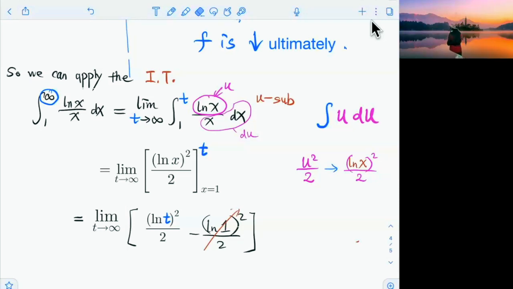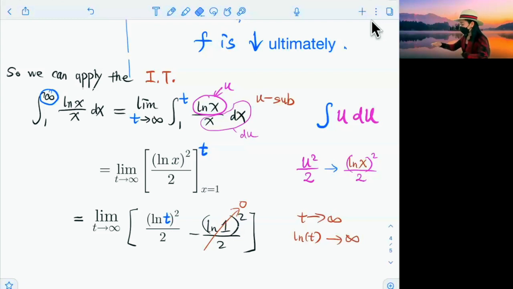What's ln of 1? ln of 1 is equal to 0. When t goes to infinity, what happens to ln of t? It goes to infinity, right? Remember the graph for ln? It goes slowly, slowly up and up and up, right? So that also goes to infinity.